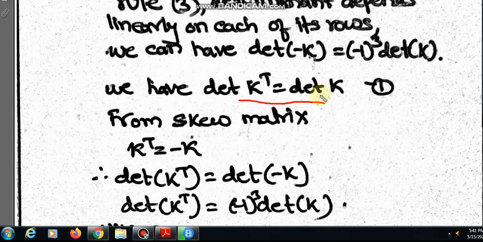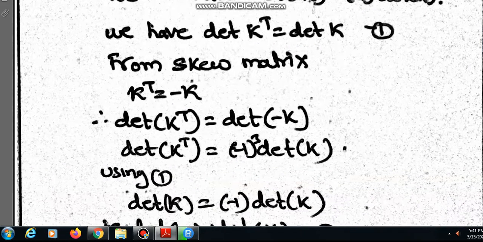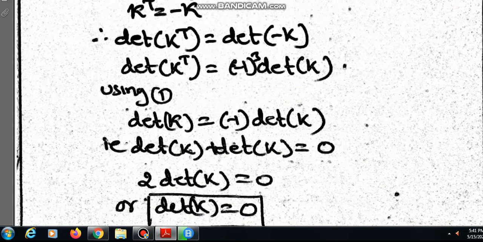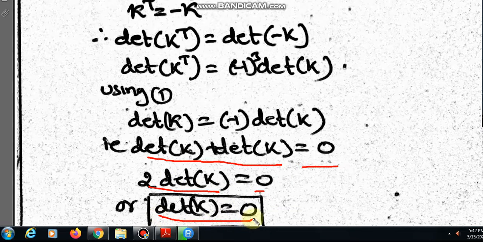We know that the determinant of K transpose is equal to the determinant of K, from one of the properties of determinants, and from the skew matrix, K transpose is equal to minus K. So taking the determinant on both sides, the determinant of K transpose should be equal to the determinant of minus K, and we know that the determinant of minus K is minus 1 raised to 3 times the determinant of K. So this gives minus the determinant of K. Taking this to the other side of the equation, I get the determinant of K plus the determinant of K equals 0, that is, 2 times the determinant of K equals 0, so automatically the determinant of K is equal to 0, right?